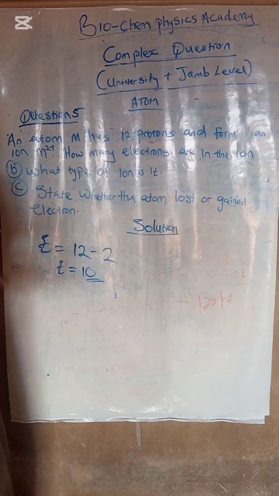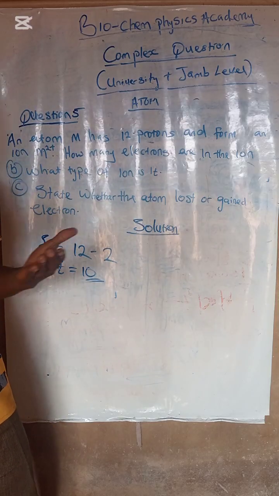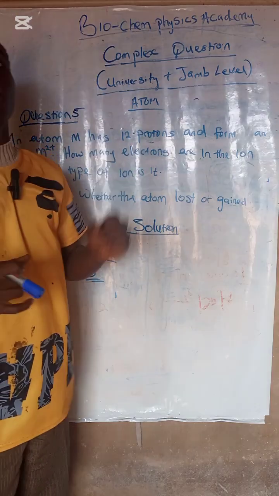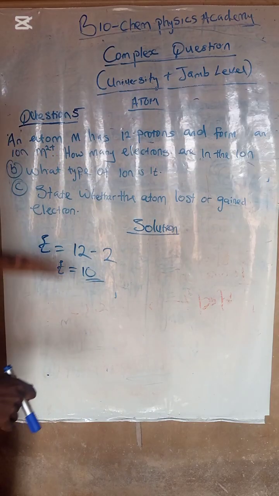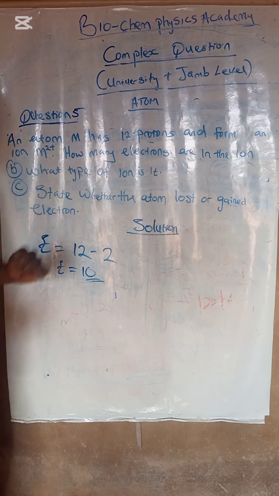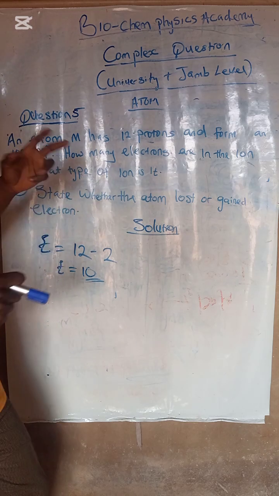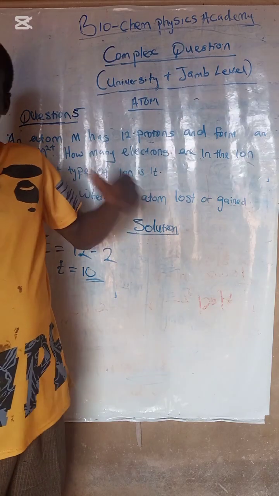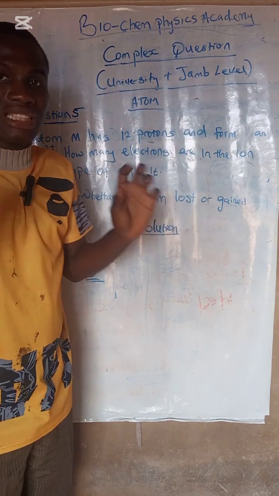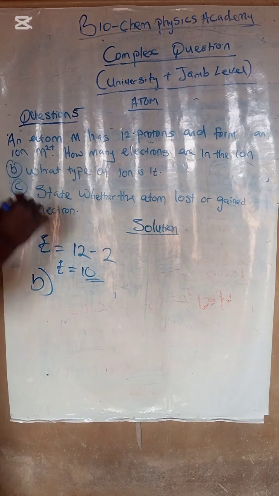Anion is formed when an atom gains electron and therefore carries negative charge. So in this case, what type of ion is it? The type of ion is cation, because it lost 2 electrons in order to become positively charged.